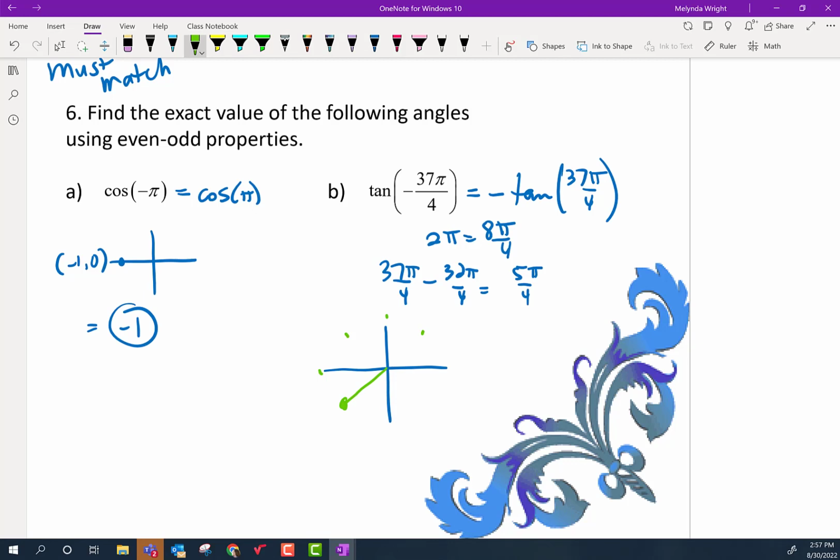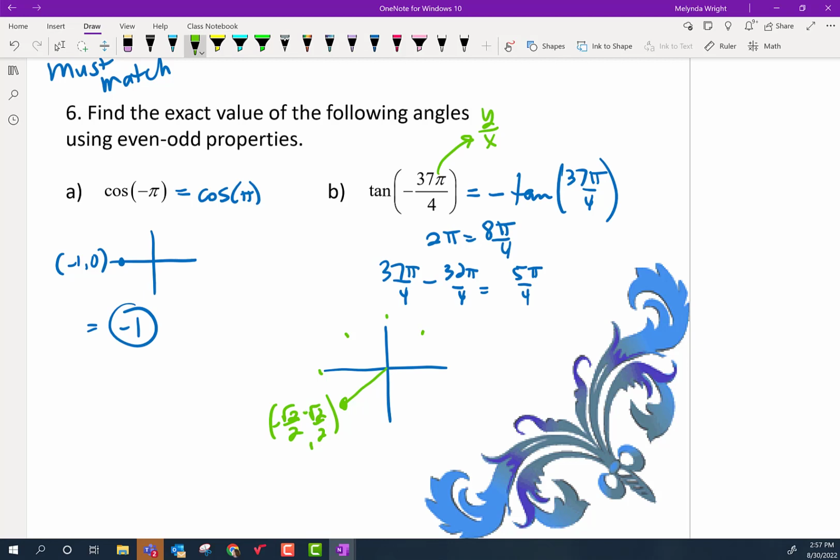So tangent is mapped to y over x. So we need both coordinate points. I think we talked earlier about all 45, 45, 90s being root 2 over 2, root 2 over 2, right? But what are our signs down here? Yes, they're both negative.